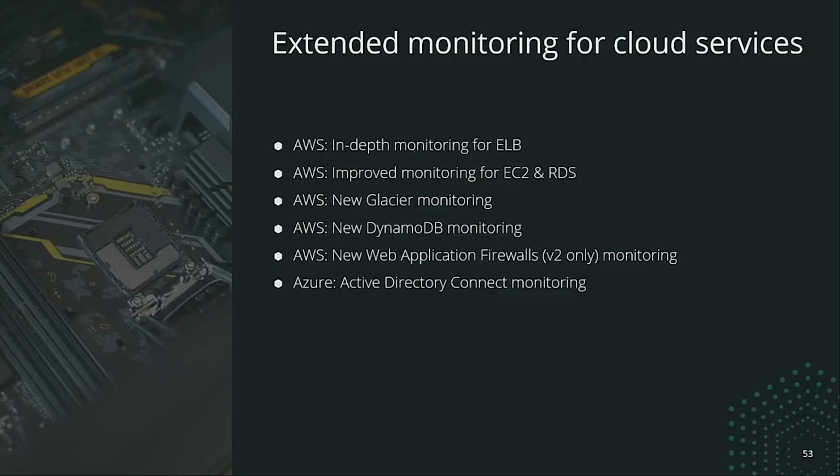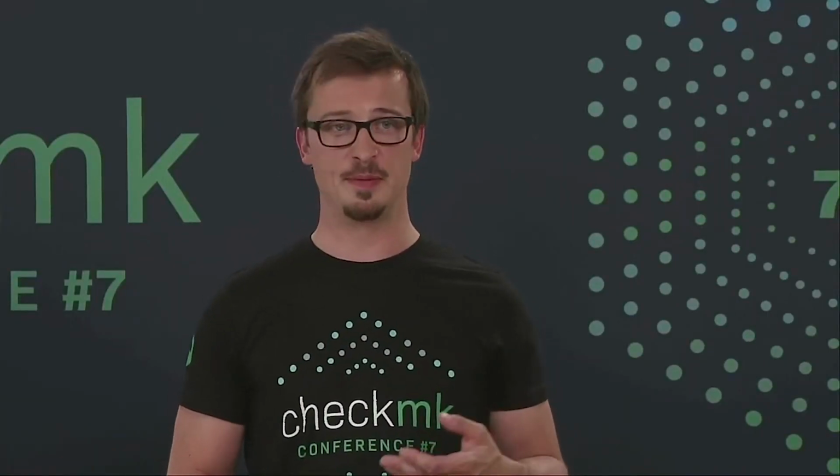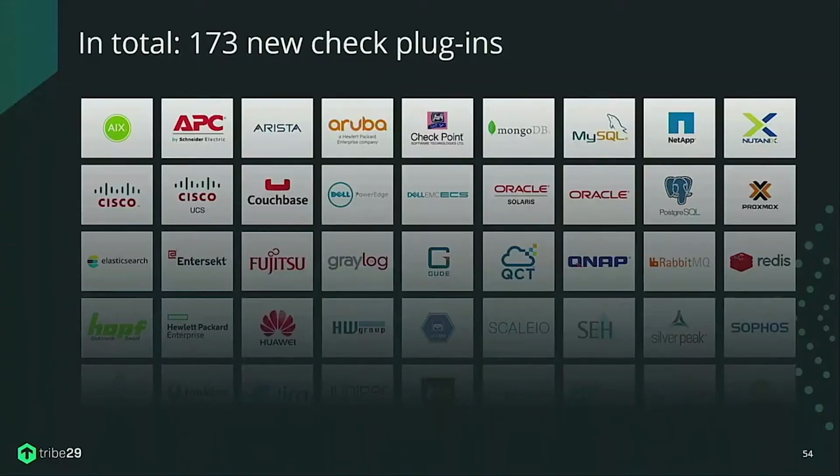We also extended the capabilities of cloud and container monitoring, mostly in the area of AWS services. And besides that, we continuously build a lot of other plugins we cannot all highlight here. If you're interested in the list of integrations we have, in the list of check plugins, you can navigate on our website to Product, Checkmk Integrations.